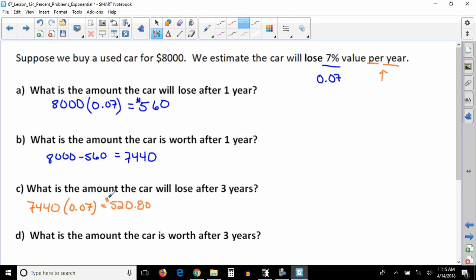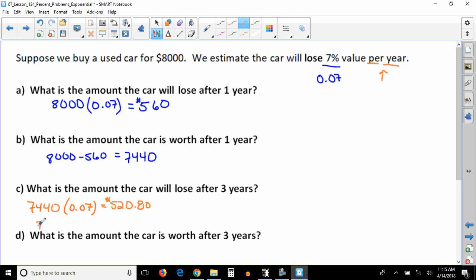That means I don't lose as much money as I did in year one, and that's because the value of the car is a little bit lower, so it's $7,440 now. So I only lose $520.80.